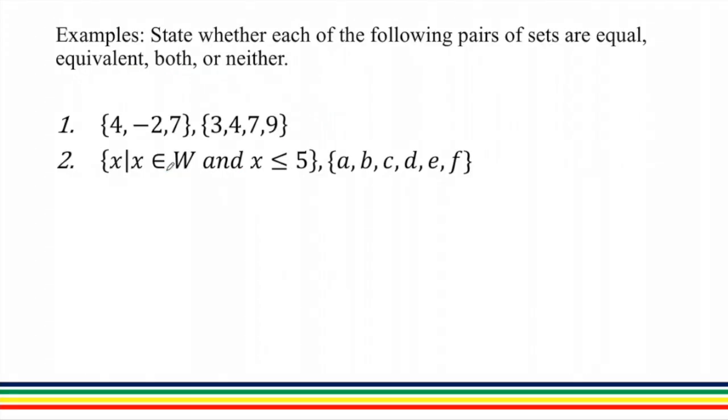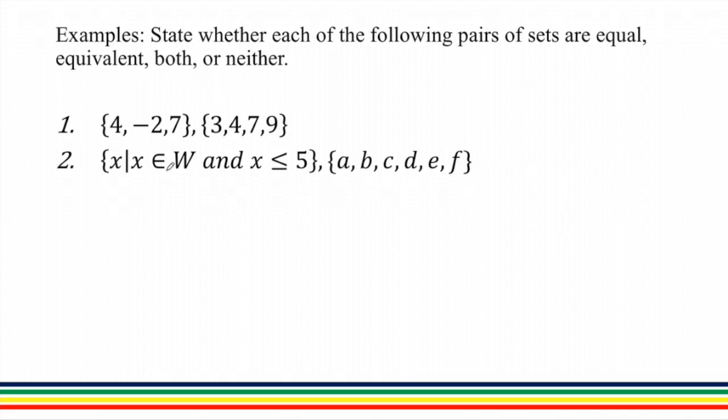Let's have some examples. State whether each of the following pairs of sets are equal, equivalent, both, or neither. For number one, we have {4, -2, 7} and {3, 4, 7, 9}. Since they don't have the same number of elements, they are not equivalent, and also they are not equal.